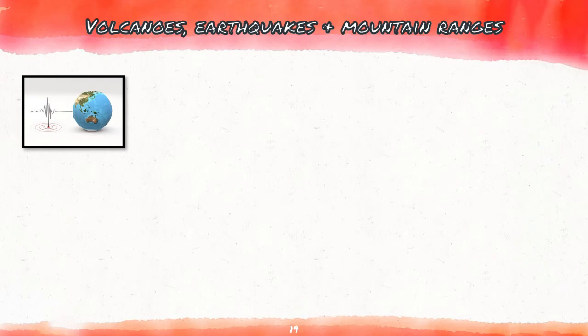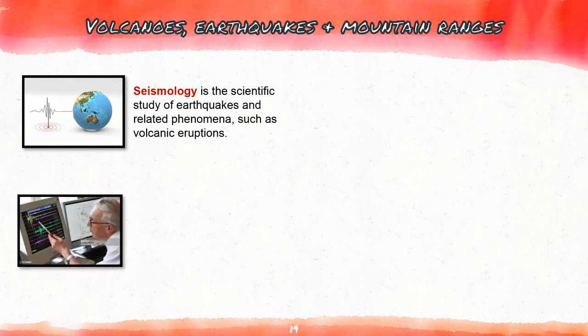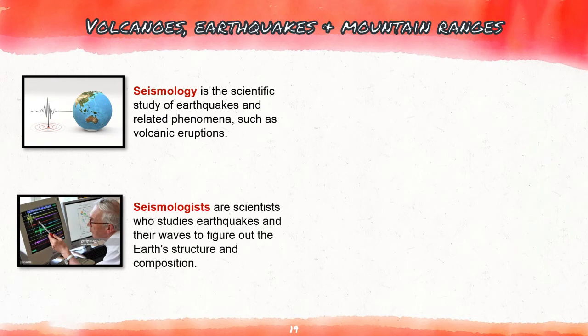These are the different vocabulary terms related to earthquakes. Let us familiarize ourselves. First is seismology, the scientific study of earthquakes and related phenomena such as volcanic eruptions. Second, seismologists are scientists who study earthquakes and their waves to figure out the Earth's structure and composition.